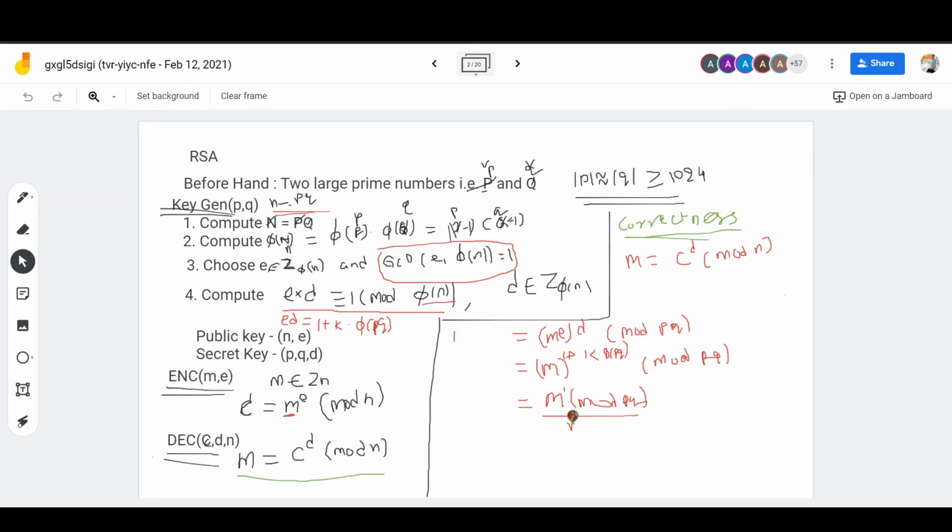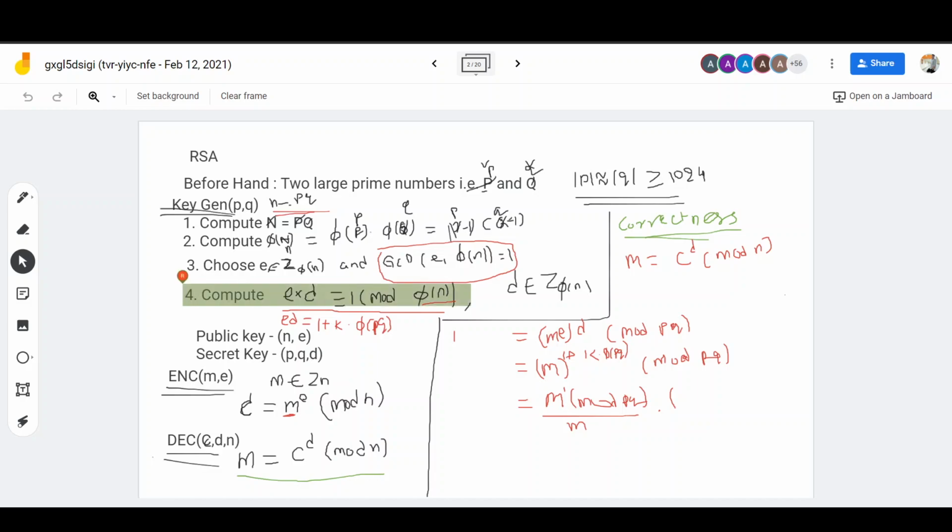But where the problem is, the rest of the equation, only that we try to solve. What is there here? Here 1 plus k into phi of pq. So I am rewriting this one.